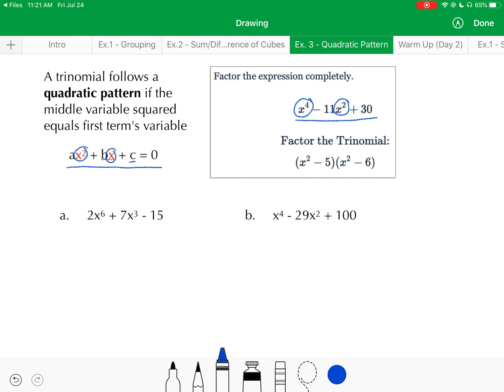Notice it factors to two binomials, right? X squared minus 5 and x squared minus 6. And really the only difference on those factors is they both have to begin with x squareds, okay? Those x squareds are what's going to give you x to the fourth in the trinomial when you multiply this out, okay?